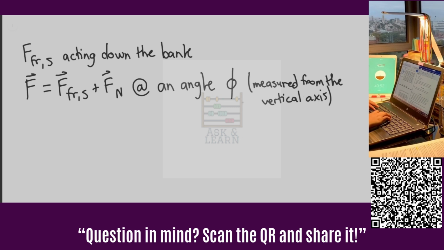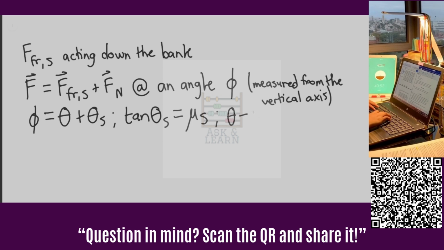And from the vertical axis, we can say that phi is going to be equal to theta plus theta sub s, where tangent of theta sub s would be equal to the coefficient of static friction, and theta would simply be the bank angle.